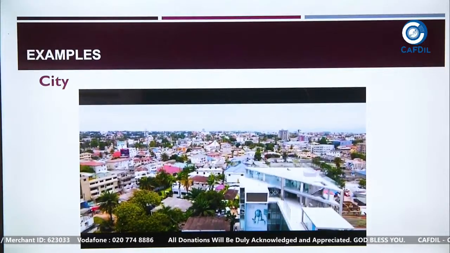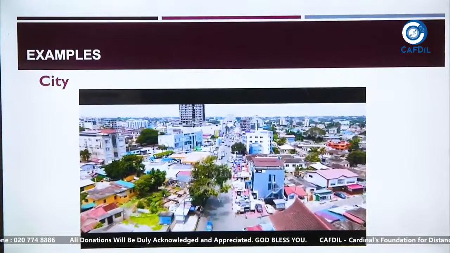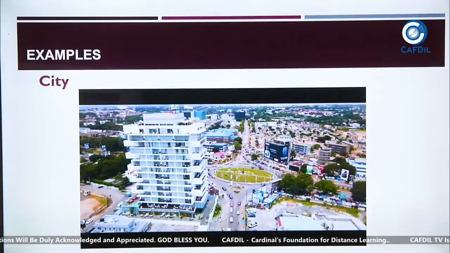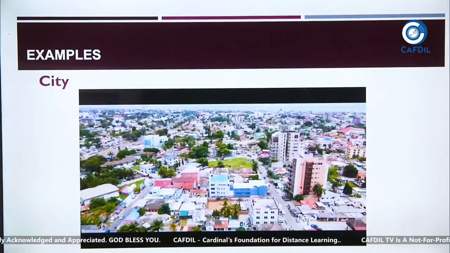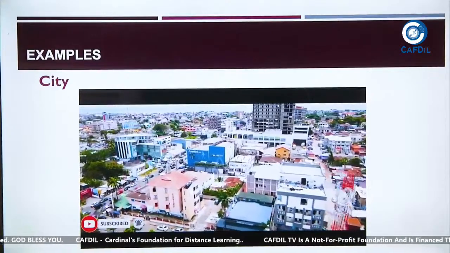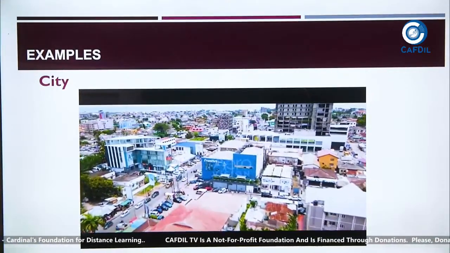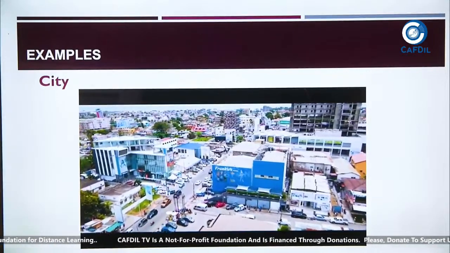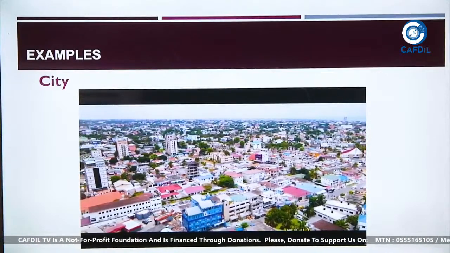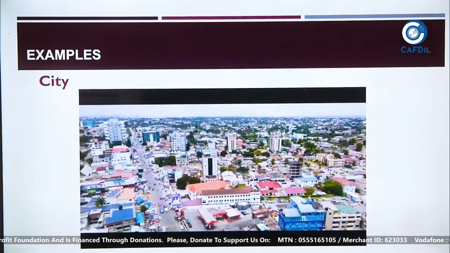A city is a very big place with tall buildings, good roads, lights, and good drinking water. There are companies. You see different types of cars in a city. A city is a well-developed place. And that is the picture showing on your screen.